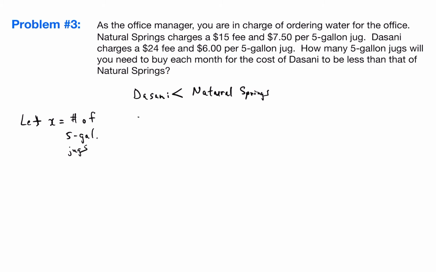So we could say $7.50 X, and there's a charge of a $15 fee. It's probably a delivery charge. Okay, so when would that cost be less than the cost of Natural Springs?